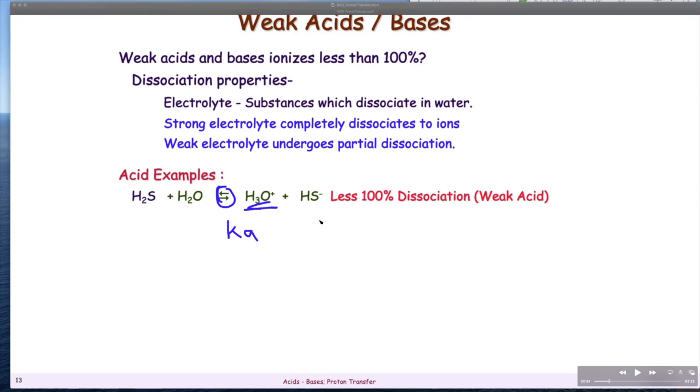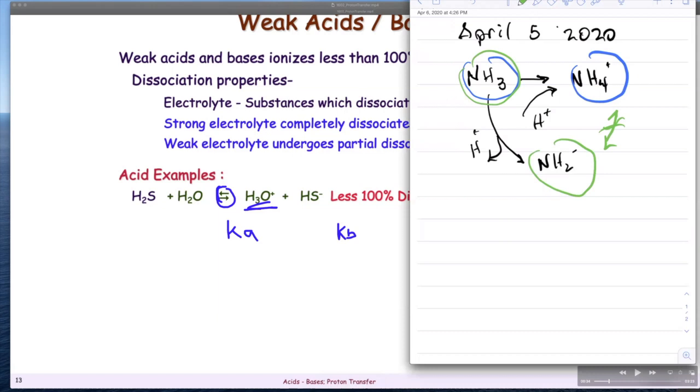The reverse, if you had a base, then the equilibrium constant for a base undergoing reaction would be called a Kb. And you know it's a Kb because, say, you have NH3 in water.